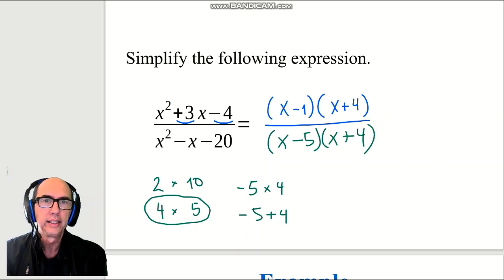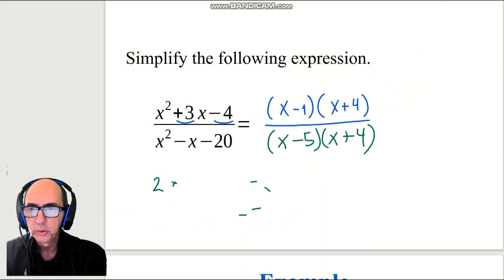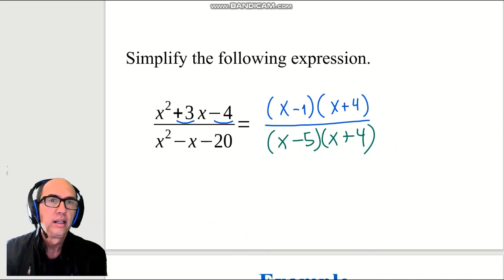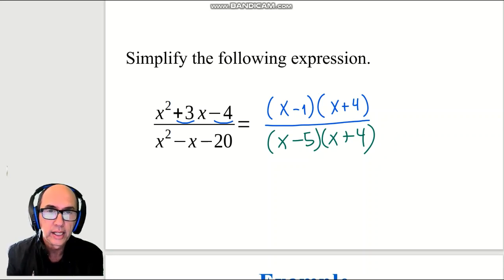Great, excellent. I'm erasing my scratch here. This is just some scratch calculations. See, we have a common factor on the numerator and on the denominator, and if we divide a factor that's the same, x plus 4 divided by x plus 4 equals 1.